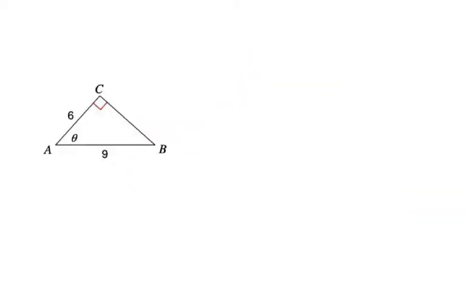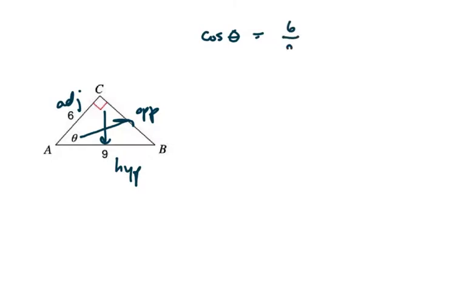So we're going to do another one. Opposite, out of the right angle is the hypotenuse, and then the adjacent. I have the hypotenuse and adjacent, so this is like the first one, right? Cosine equals the adjacent, 6 divided by the hypotenuse, 9.